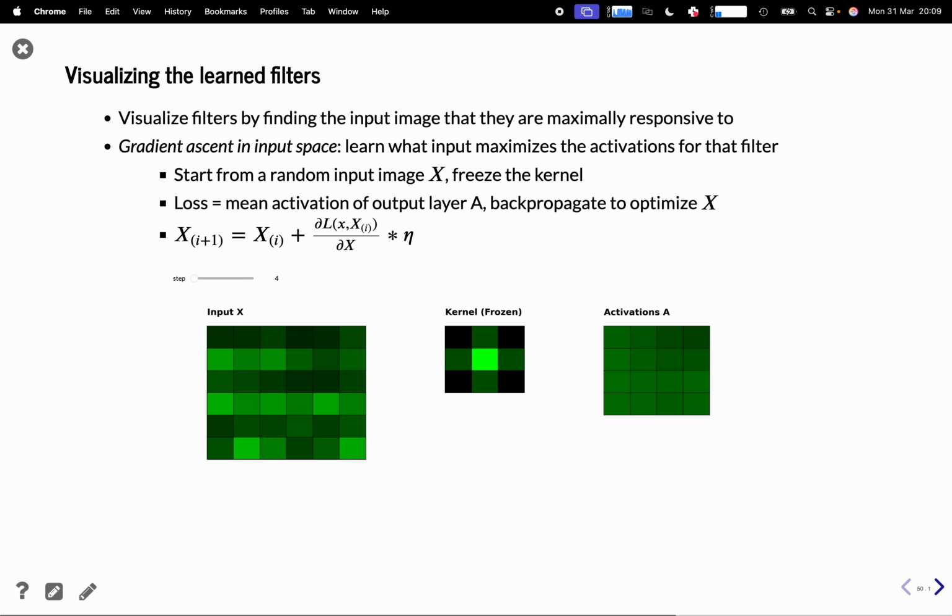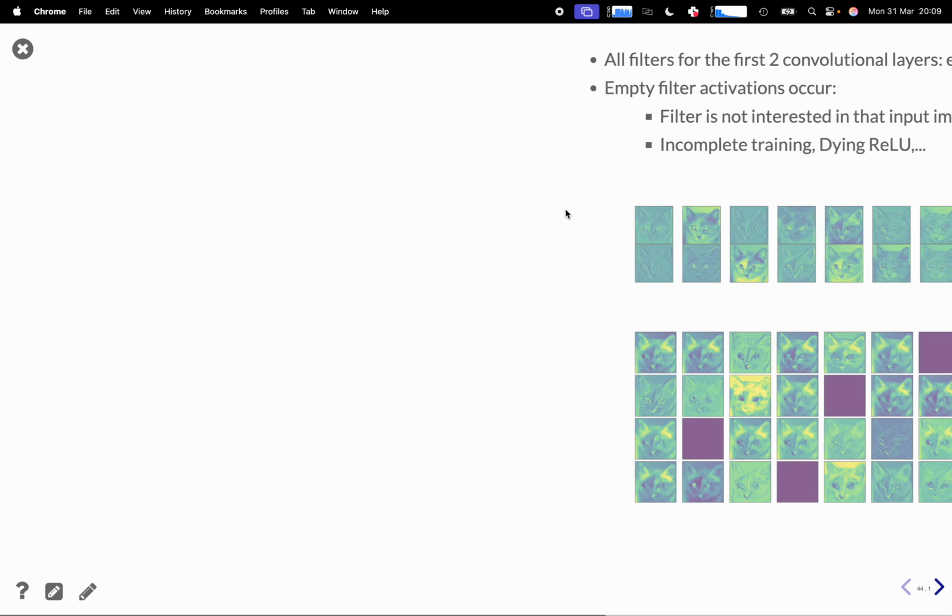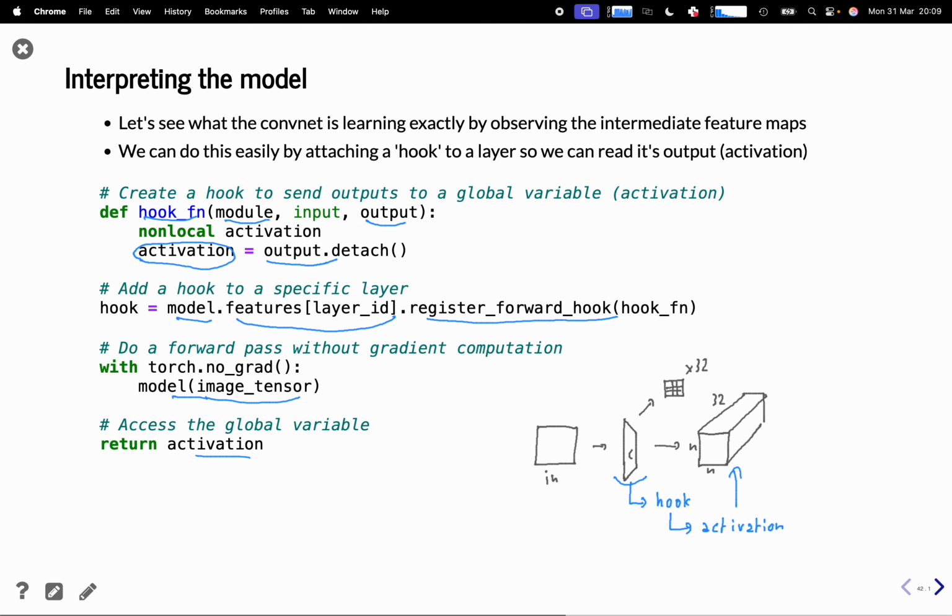Okay, another thing we can do is to visualize the filters. So remember in the beginning, when we had this drawing of our model here, we visualized only the activations, but we can also try to look at the weights of these filters I learned here and see if we can visualize that in some way.